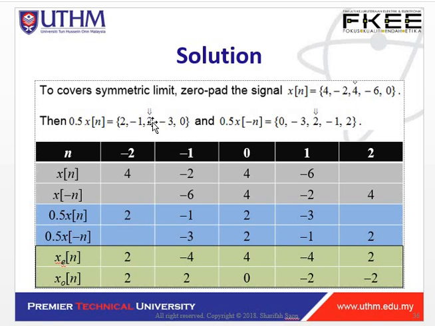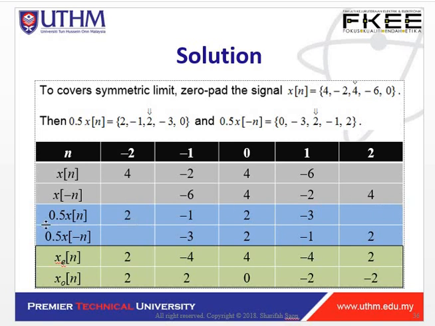Now you transfer all the information to the table. Here is the origin. The left-hand side has 2 units, so n goes from negative 2, negative 1, 0, 1, and 2. You put n first and identify where the origin is. Then you put x[n] into the row, and x[negative n] is here: 0, negative 6, 4, negative 2, 4.